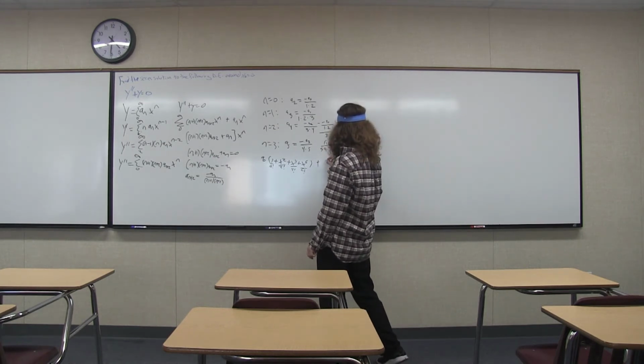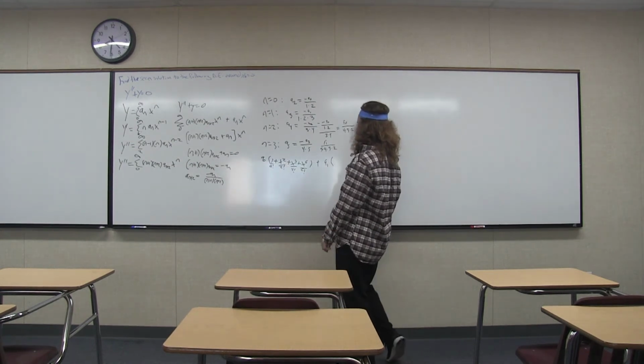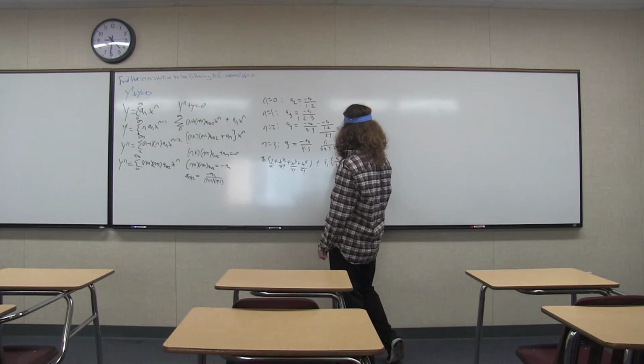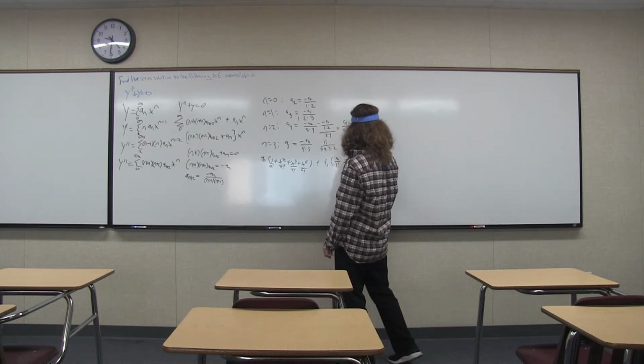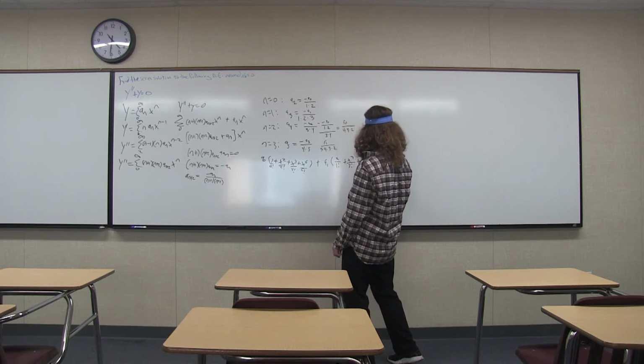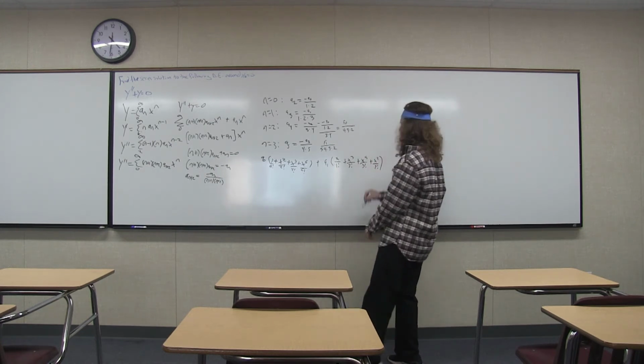And over here we have terms we can write in terms of a1, which is x over 1 factorial, plus x to the third over 3 factorial, plus x to the fifth over 5 factorial, plus x to the seventh over 7 factorial.